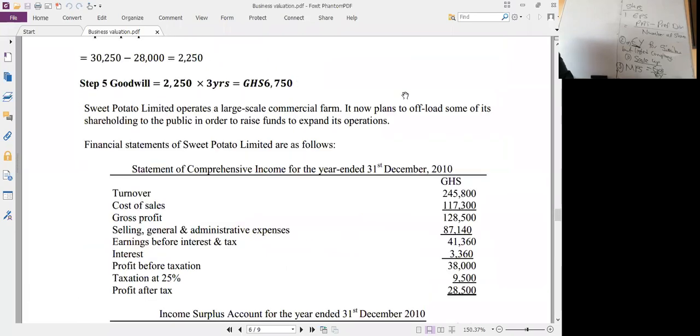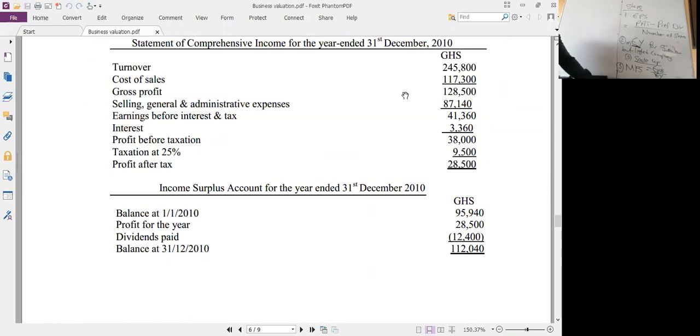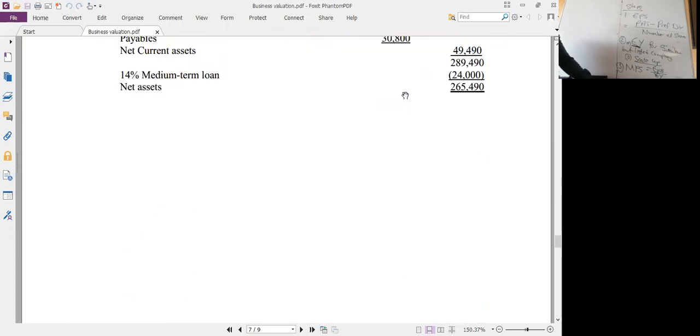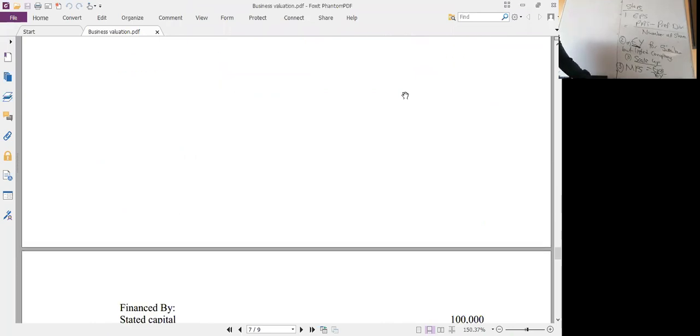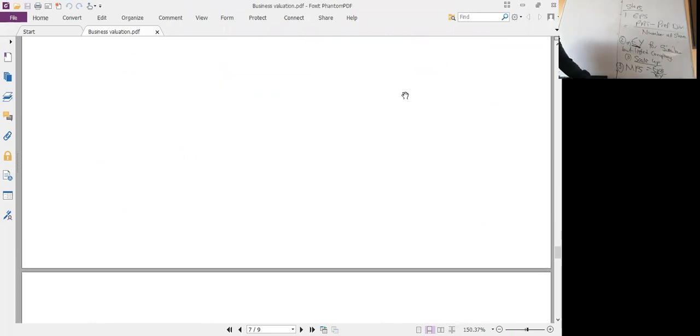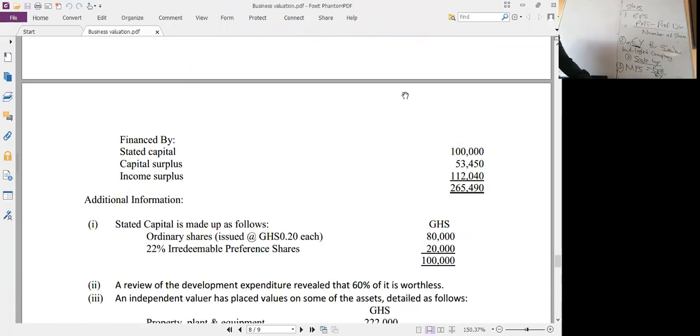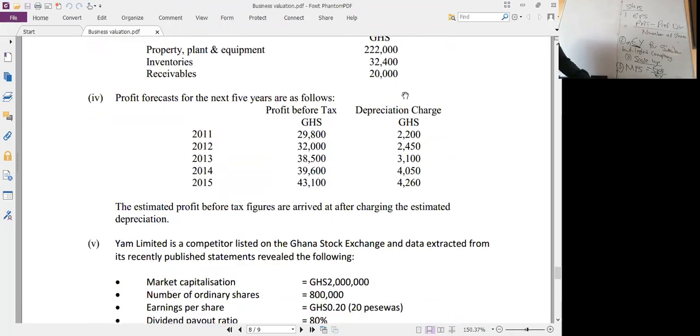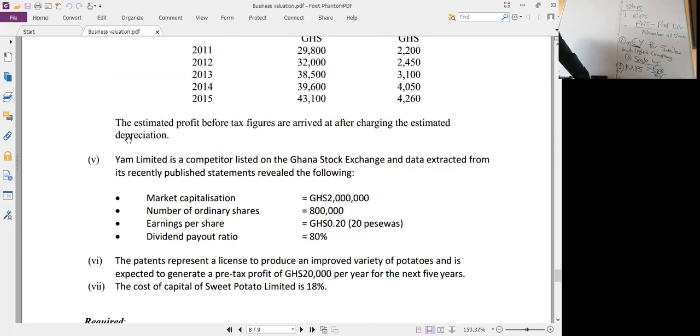For Sweet Potato, you're going to calculate the market price per share using the earnings yield method. Have you seen why they have given us YAM Limited, a competitor listed on the Ghana Stock Exchange? It's a similar company in the same industry, but listed.